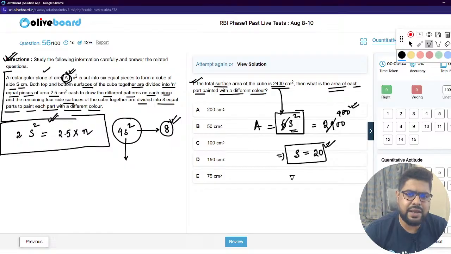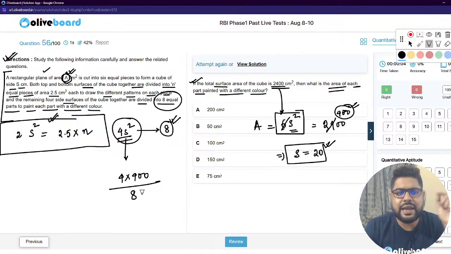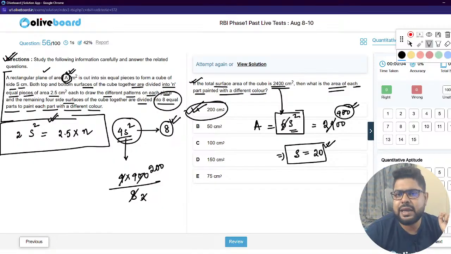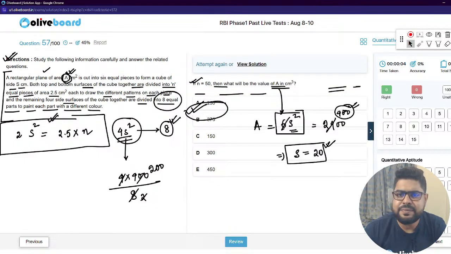So 4 into s square is 1600. But that has been divided into 8 equal parts, so 1600 by 8 is 200. So 200 will be the answer. Each part will be 200 centimeter square. Not very difficult, honestly. A little tricky, the wordplay a little bit.